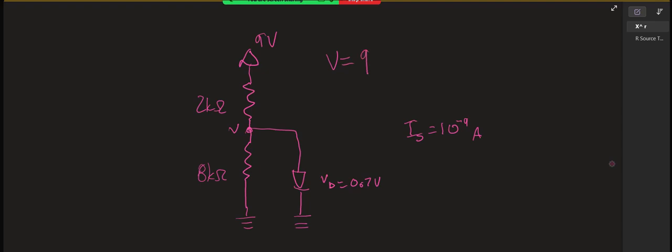V equals 9 times 8 over 8 plus 2, or 9 times 8 over 10, or 7.2 volts. So that's what V would be if the diode weren't there; y'all can't see, I'm covering it up on my monitor. If the diode weren't there, then V would be 7.2 volts.